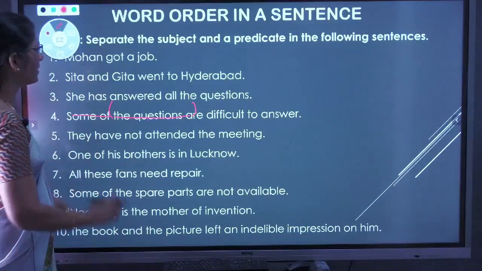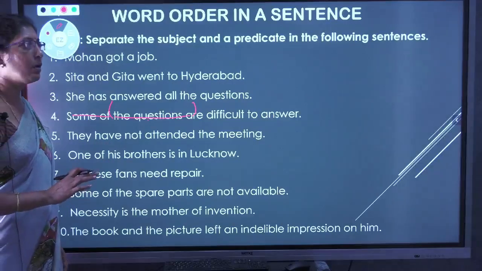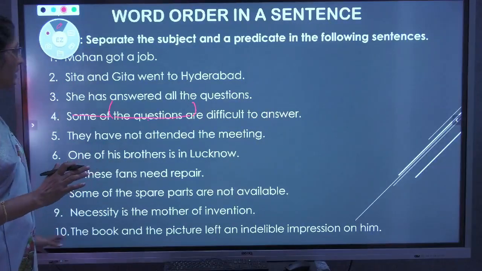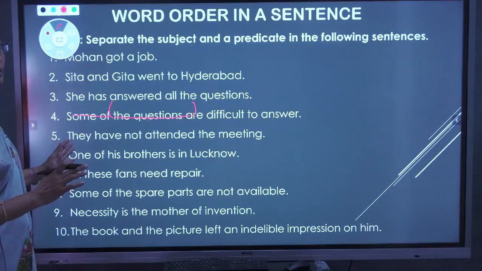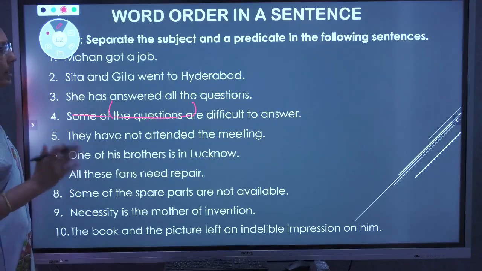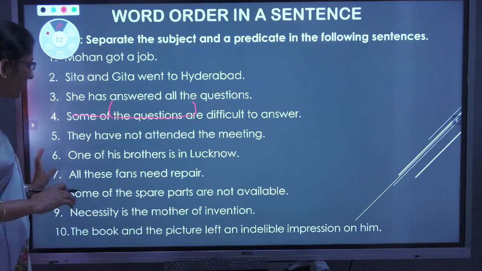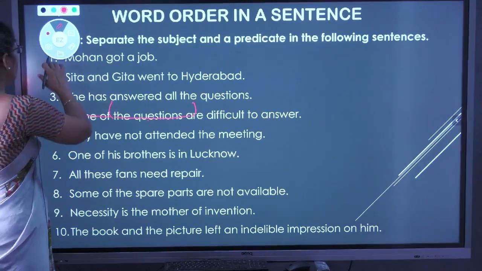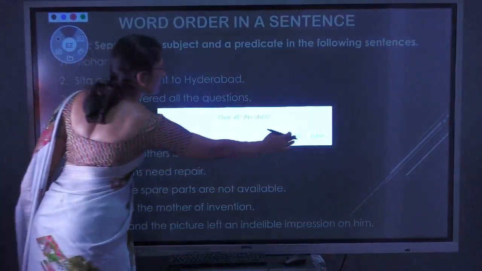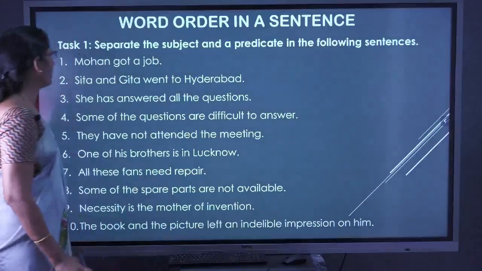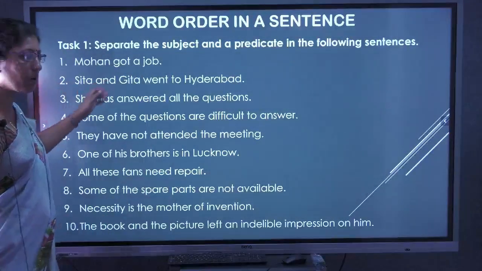So here there is a small task for you. I have given 10 sentences. Just separate the subject and the predicate in the following sentences. So let's read it. First one is Mohan got a job.